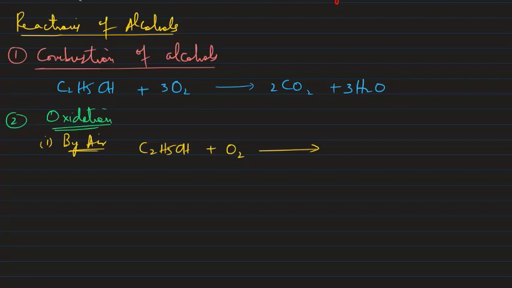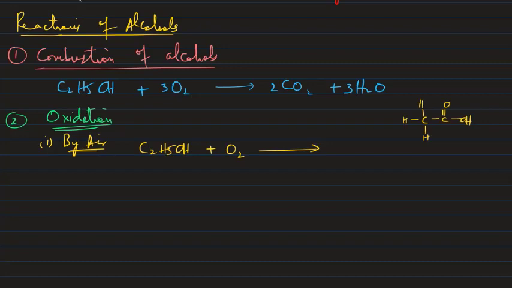So it will be converted into a carboxylic acid. And a carboxylic acid is a compound that contains the COOH functional group. Since there are two carbons, we get a two-carbon carboxylic acid. If you construct the structure, this carboxylic acid will be CH3COOH.